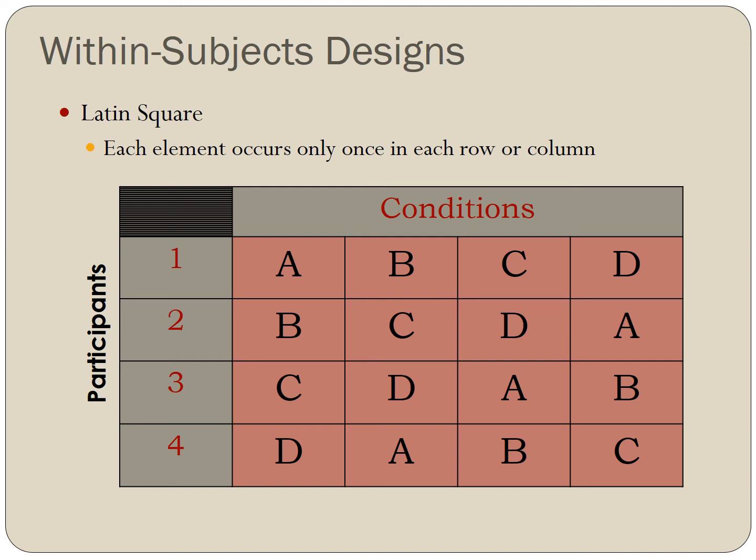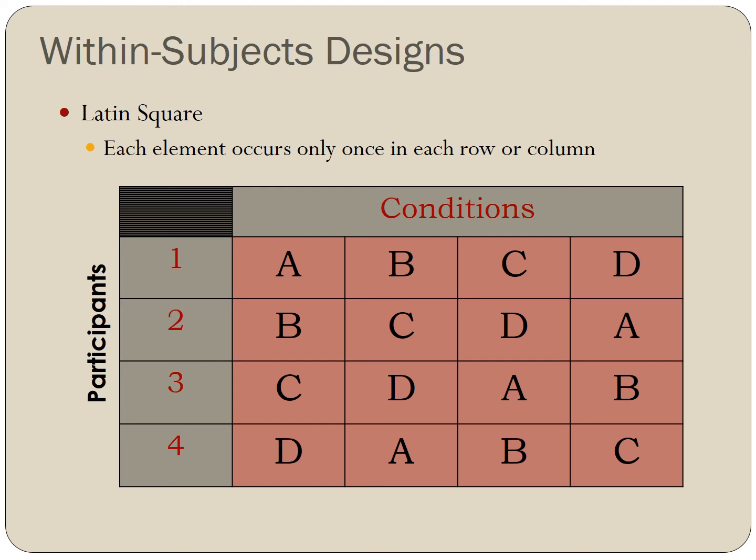So in this particular example, I made it really big and easy for you. There are 4 participants. The first participant gets condition A first, condition B second, condition C third, and condition D fourth. The second participant gets B first, then C, D, A. The third participant gets C first, then D, A, B, etc., etc. So the basic idea behind this is you're kind of rotating the conditions.